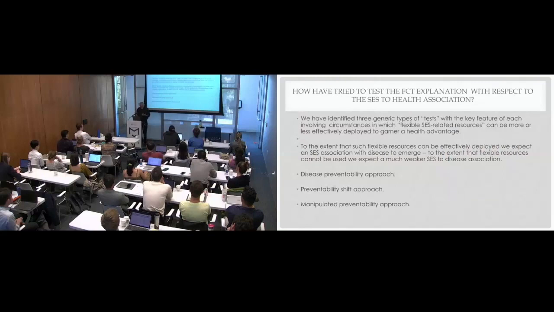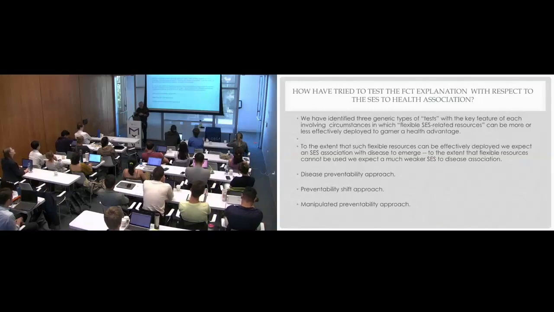So how did we try to address this? We want to know whether this idea is really right or we should toss it out and get a new one. So we identified 3 generic tests, with the key feature of each involving circumstances in which these flexible SES related resources can be more or less effectively deployed to garner a health advantage.